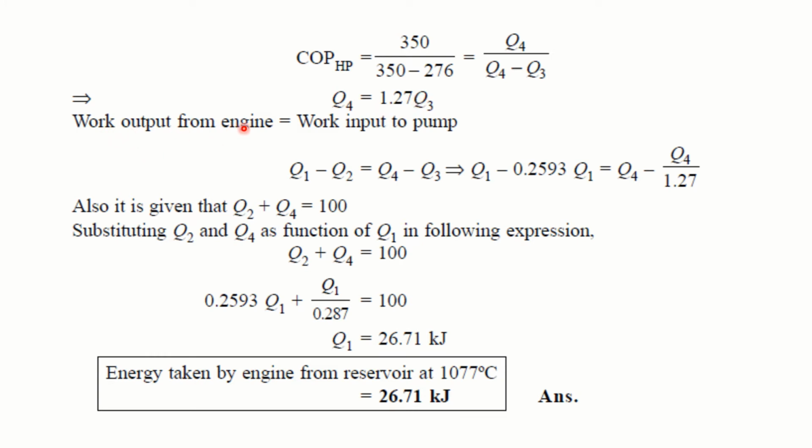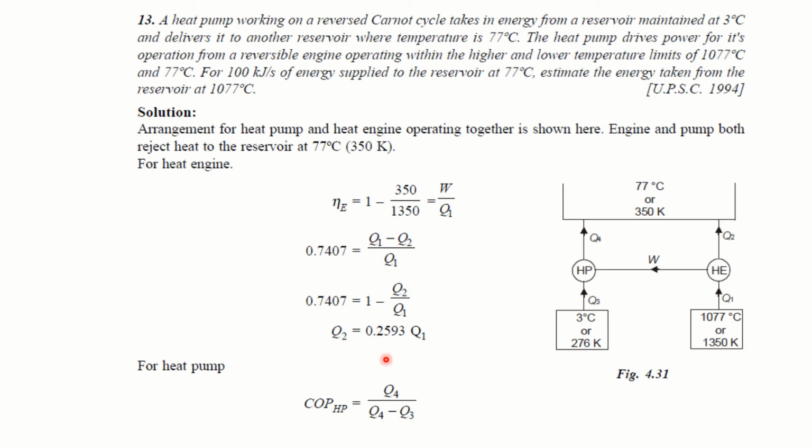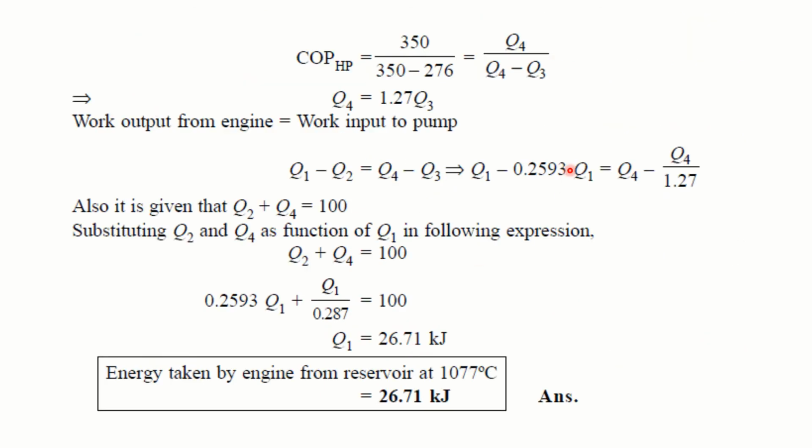So work output from engine is nothing but Q1 minus Q2. Work input to pump is nothing but Q4 minus Q3. They are equal. So Q1 minus Q2 is equal to Q4 minus Q3. Q1 and Q2 from the relationship, this one, I substituted, is also equal to Q4, and Q3 is nothing but Q4 divided by 1.27.